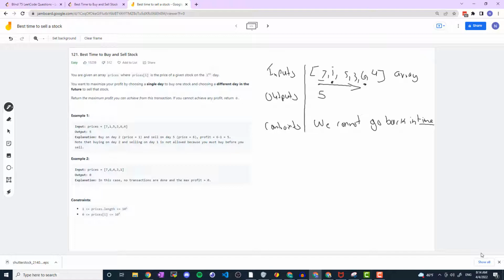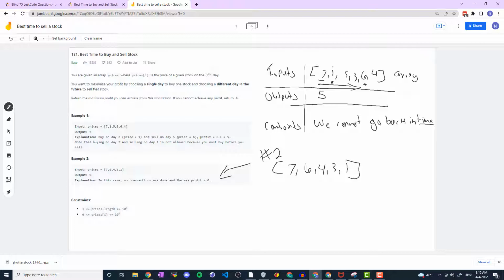So having said that, and having worked on this problem, we see that our maximum profit is only $5 for this problem. Now, let's work on example number 2. So we go here, 7, 6, 4, 3, 1. I want you to know that the input array doesn't have a specific increasing or decreasing pattern.